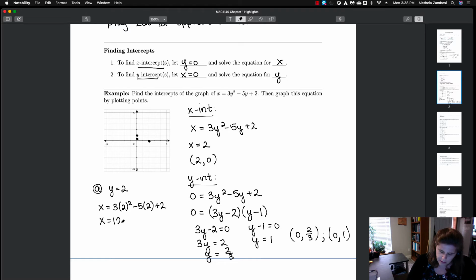This gives me 12 minus 10 gives me 2 plus 2, or a total of 4. So we have a point on the graph at 4, 2, and then we can use that to plot. So it's going to be over here. Basic graph here is going to look something like this.